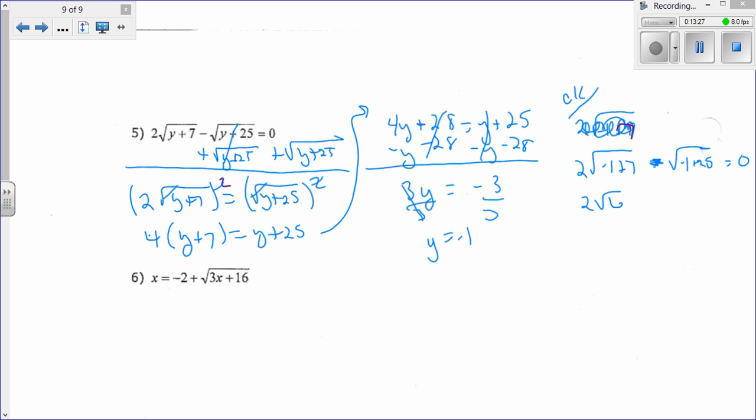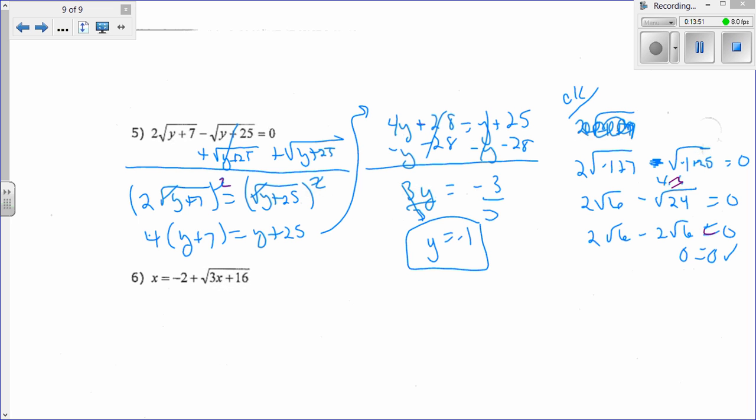So I have 2 radical 6 minus the square root of 24 equals 0. If I simplify 24, it's 4 times 6. So it's 2 radical 6 minus 2 radical 6 equals 0. So 0 equals 0. So that does check out.